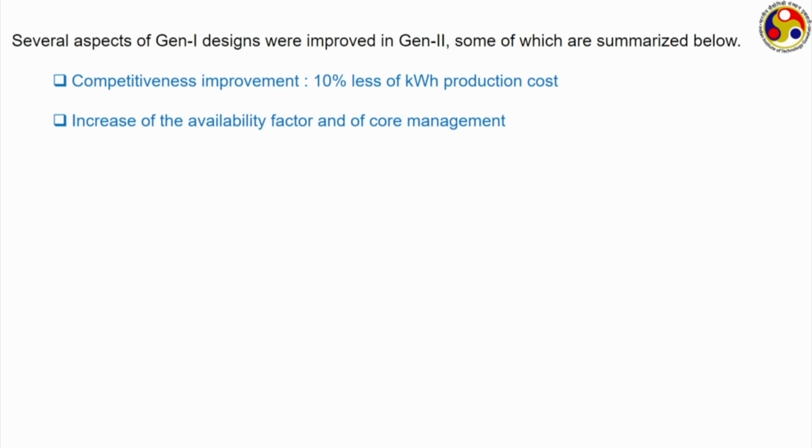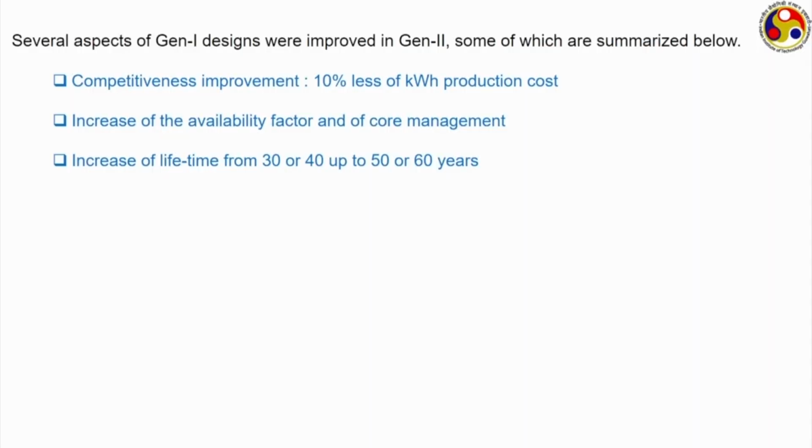Availability factor refers to the number of days in a year over which the plant is available to give its complete output. So, core management was also better. Whereas for generation 1 the lifespan was only about 10 to 30 years, here the lifespan was more, as it was designed to go up to 40 to 50, and several plants, as I have already mentioned, are running till 60 years or even beyond.